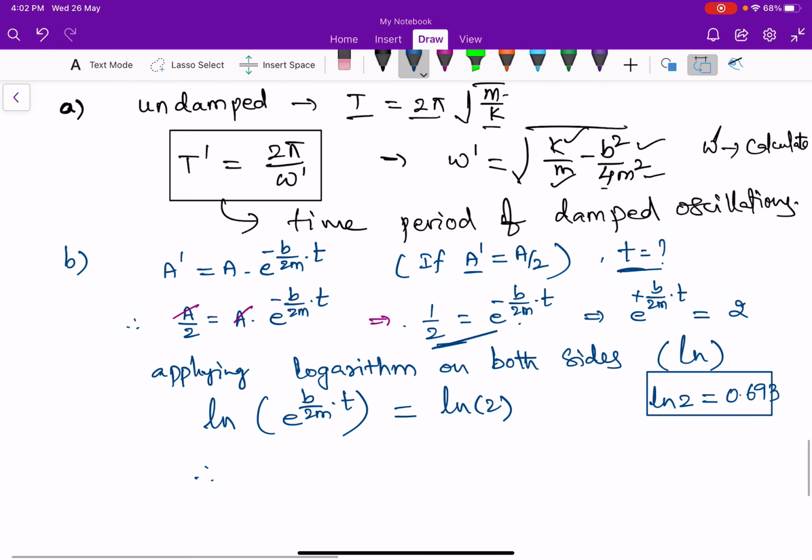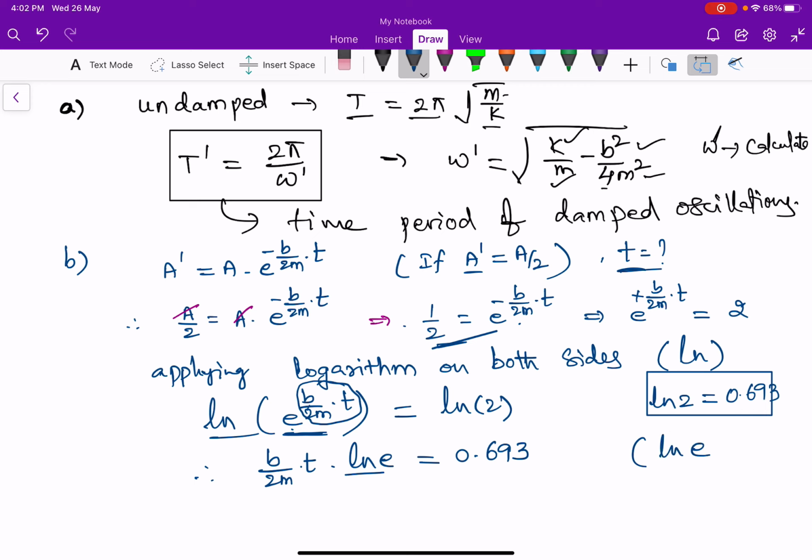Therefore, in ln e power b by 2m into t, the exponent comes to the front side. That is b by 2m into t into ln e is equal to 0.693. We know ln e, the natural logarithm of e, is equal to 1.